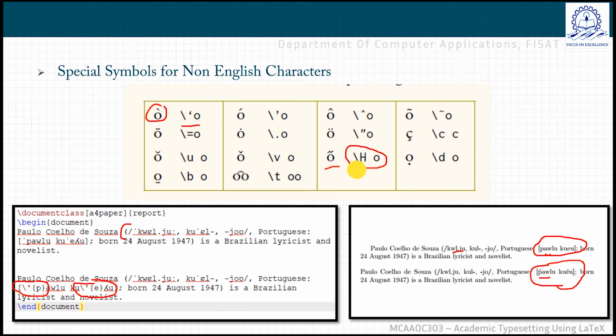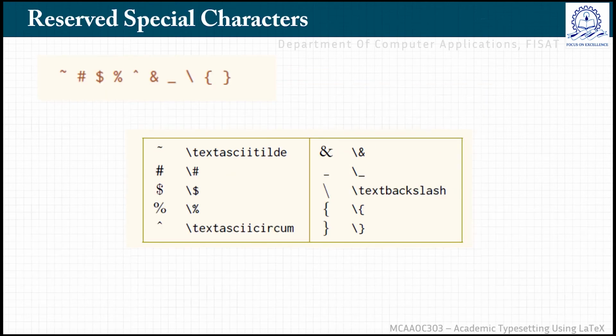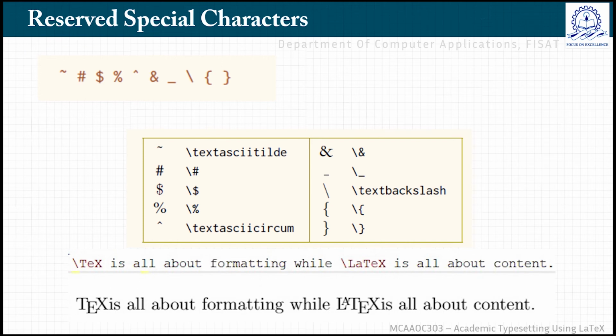That is the meaning. Now coming to reserved special characters, we have seen that the input slash LaTeX produces a special kind of output, LaTeX, in the output, and a slash followed by this character produces a space. In previous examples, we have seen that the command slash LaTeX produces output like a special format, LaTeX in special format.